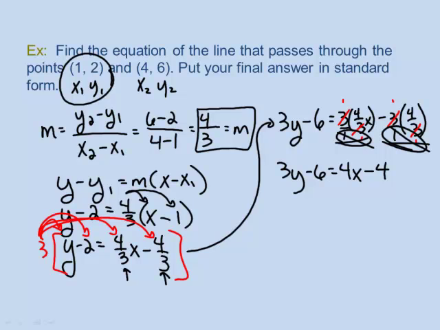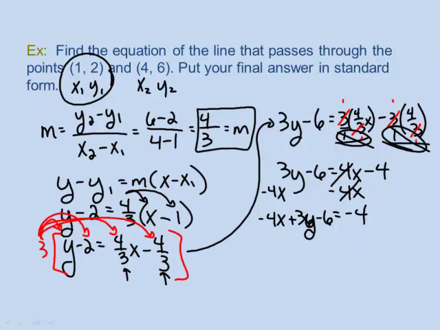Now we have an equation that does not have fractions. So to get it in standard form, we want our x and y on one side, our constant on the other. So I'm going to choose to subtract 4x from both sides. That's going to give me minus 4x plus 3y minus 6 is equal to negative 4.